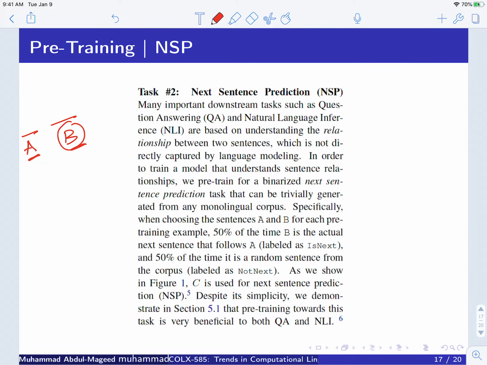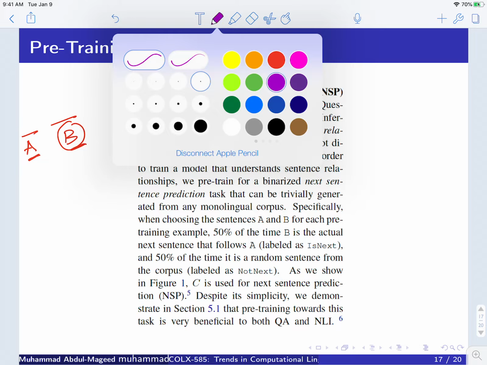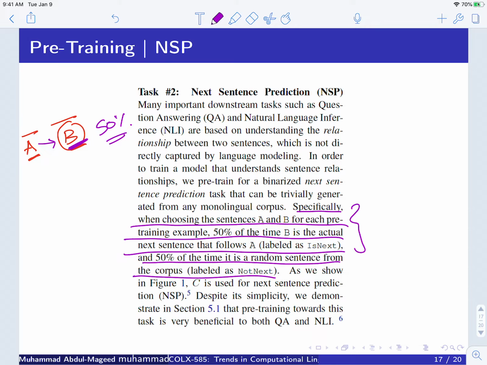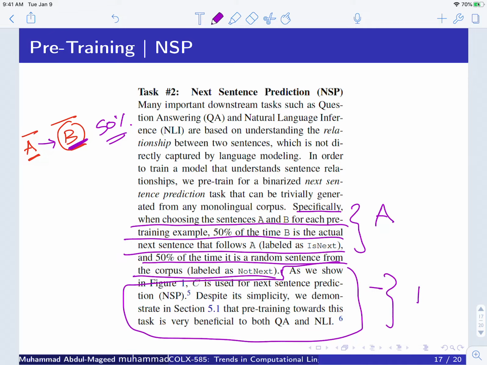They cast this as a binary classification task, which means that 50% of the time they pick sentence B from the dataset. If I call this whole part sentence A, then this whole one is my sentence B, because it really does occur after sentence A.